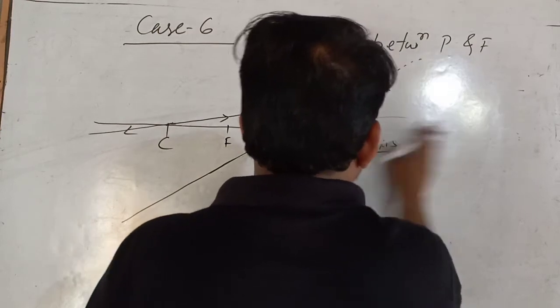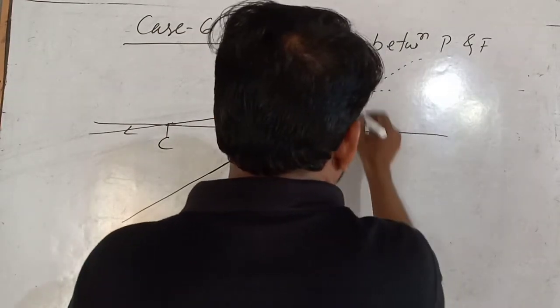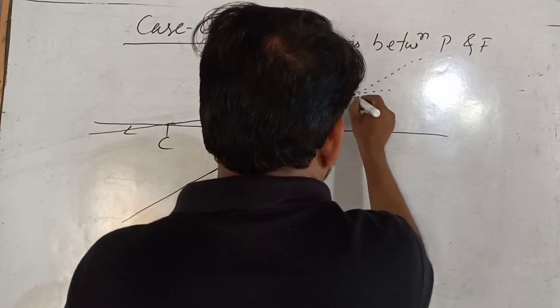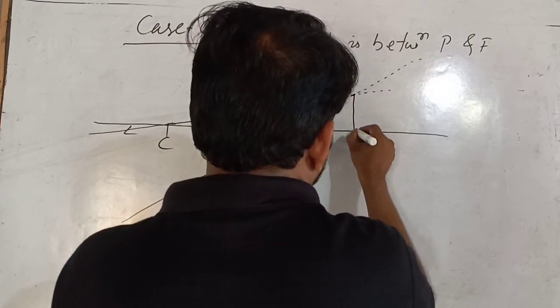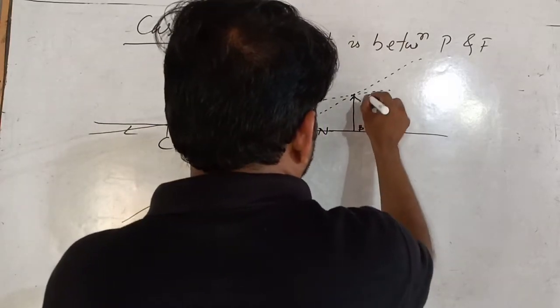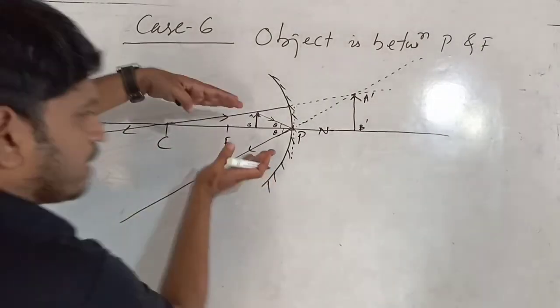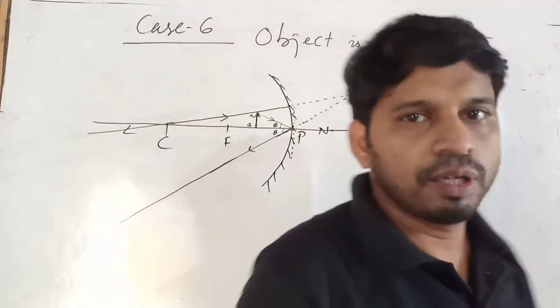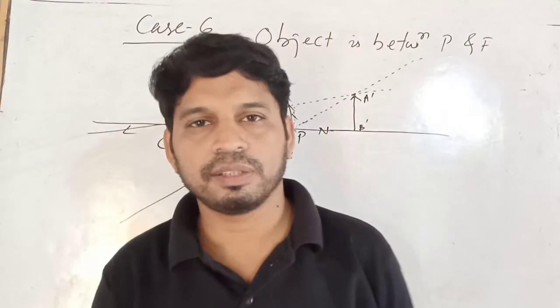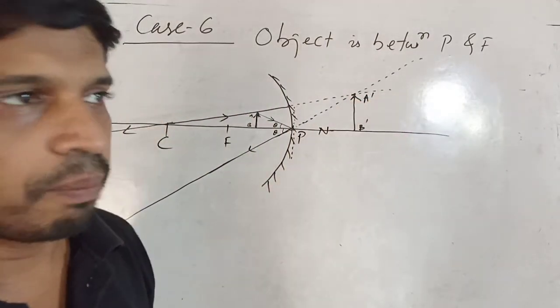Somewhere here on the principal axis they do intersect, and this will be your image, that is B dash A dash. As the lines are not parallel, it will definitely intersect at some point, and that point lies behind the mirror.